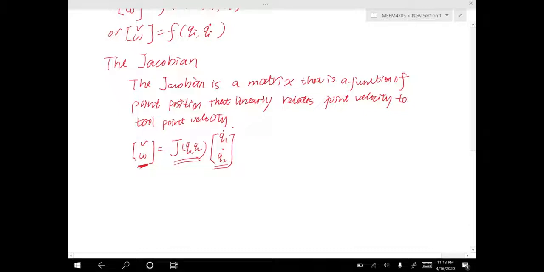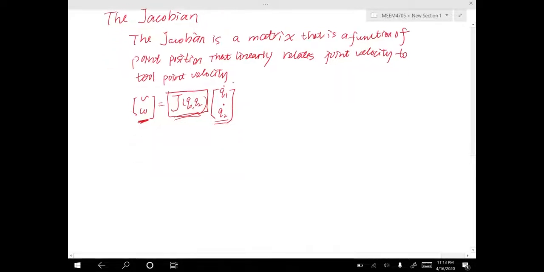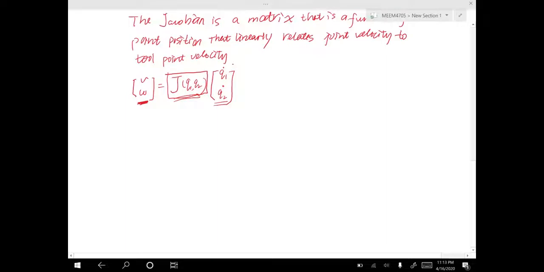So if we know this Jacobian matrix, that is great. Let's see how we're going to calculate this Jacobian. For the rest of this lecture, we're going to talk about how to calculate this Jacobian matrix. And once we know it, we're all set, because we can directly calculate the end effector's velocity.